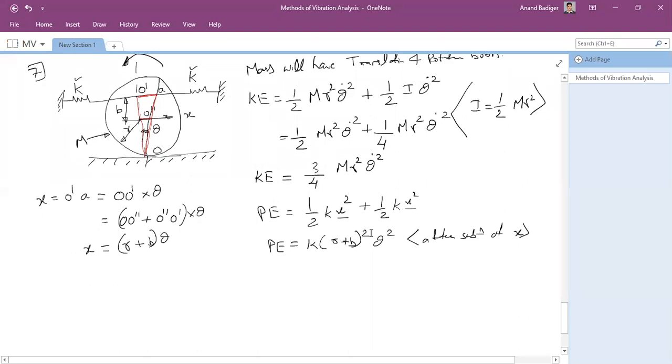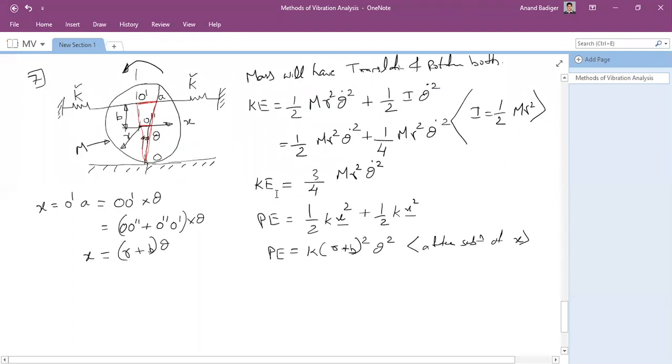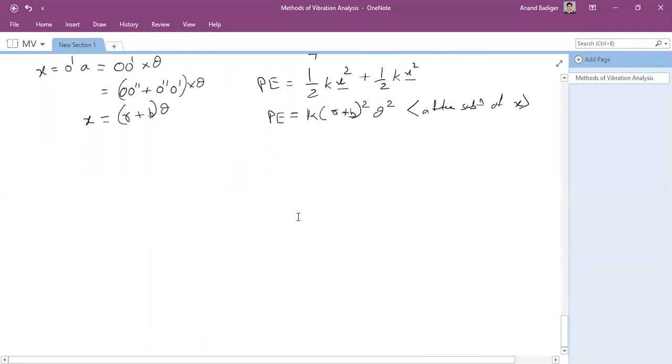Okay, so now I have kinetic energy, now I have potential energy. So now I can use the energy method. Total energy is equal to KE plus PE is equal to constant. That is the energy method. So I'm going to write it over here. As per the energy method, total energy is equal to kinetic energy plus potential energy is equal to constant.